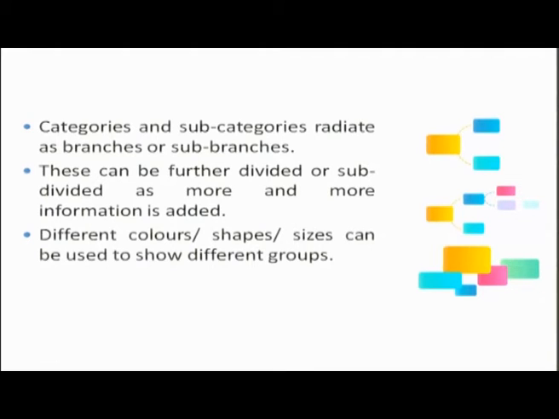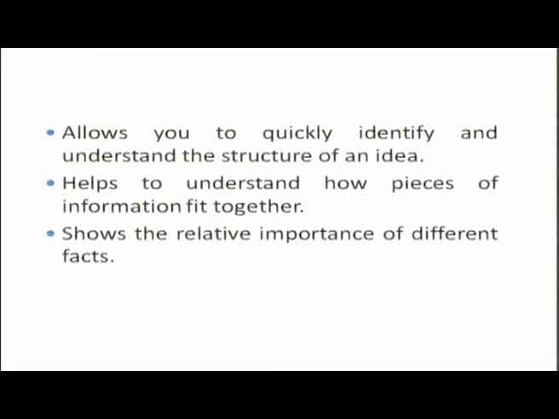If you are using say computer, you can also use different colors, shapes to show different groups. So, as I mentioned, this kind of method helps you to quickly identify and understand the structure of an idea.